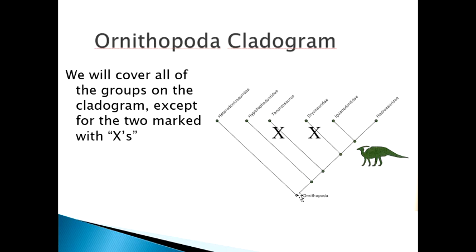But right off the bat, we're going to worry about two groups, these Heterodontosaurs and these Hypsilophodontids, as two separate families. You see they have the IDAE ending over here, and we'll do those two first, and then in the final lecture, we'll do these things way up here at the top of the cladogram.